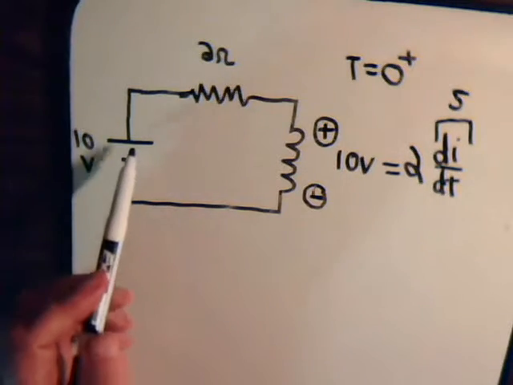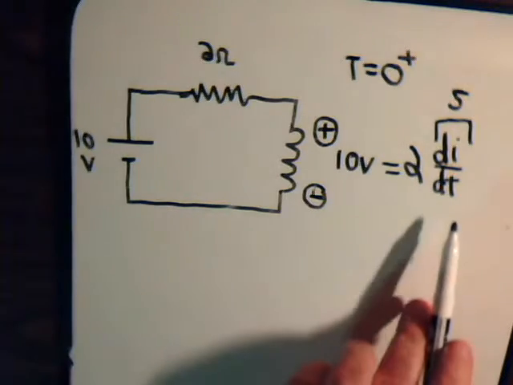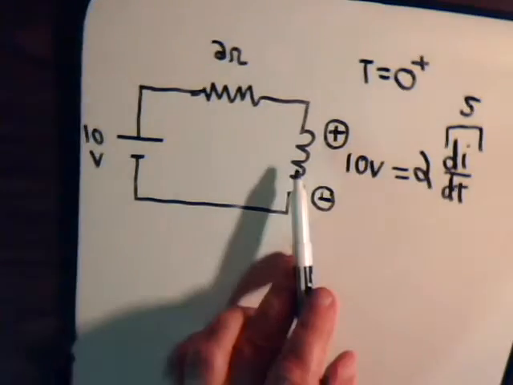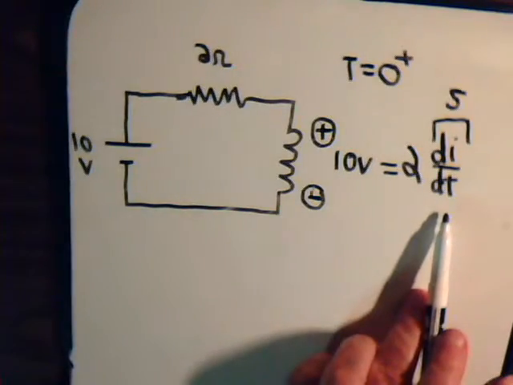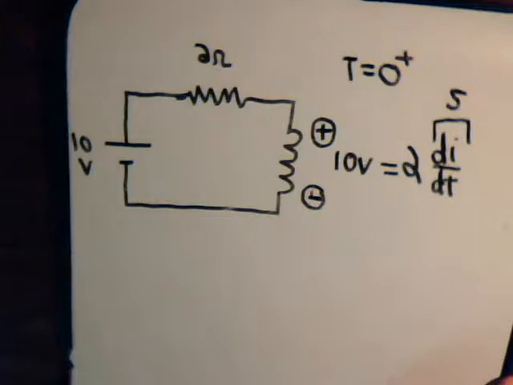Then what happens is, of course, the current rises to higher values. So the current is still changing, but the rate of change of the current in the coil decreases. So as the current gets bigger, its rate of change gets smaller.